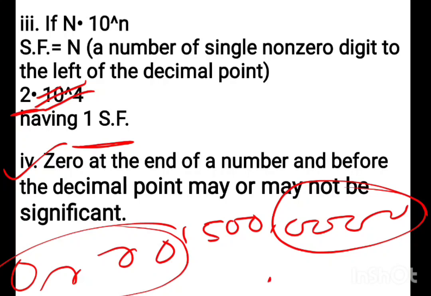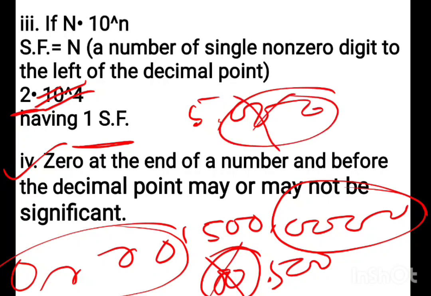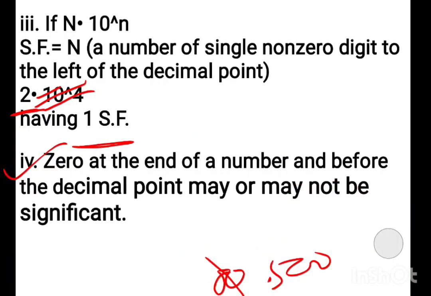Suppose 0.00500, so these 0s are non-significant. And also you can use 50000, this is also non-significant. Okay, so 0 at the end of a number and before the decimal point may or may not be significant.